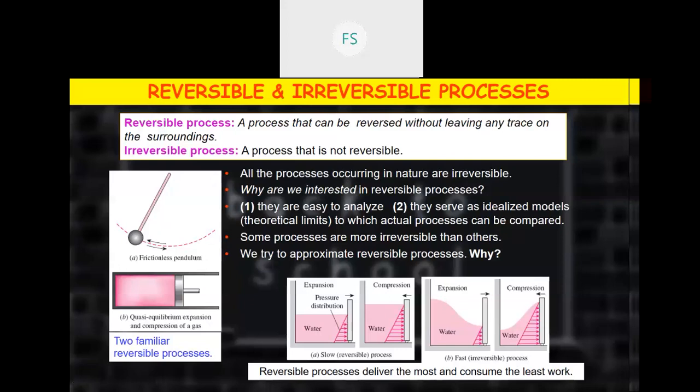So why are we interested in reversible processes? First, they are easy to analyze. Second, they serve as idealized models to which actual processes can be compared.